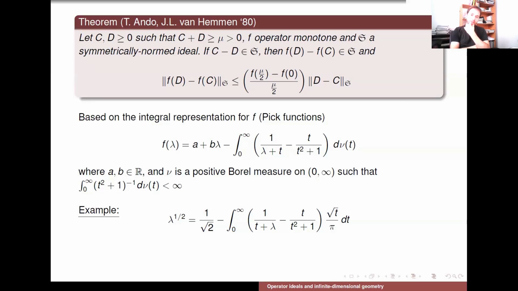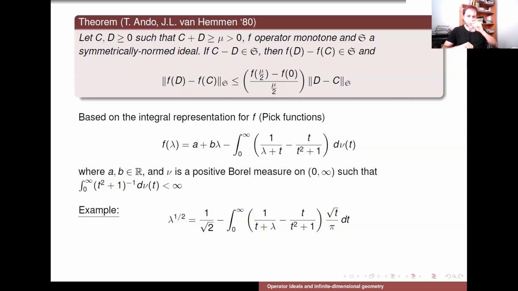The main tool to get this generalization is a result about operator monotone functions. Indeed, this class of functions is a subset of what is known as the Pick functions, because operator monotone functions have analytic continuation to the whole plane, except for the negative real axis.